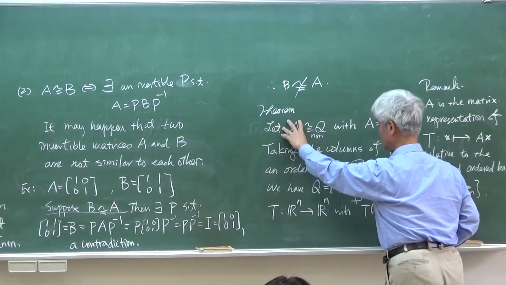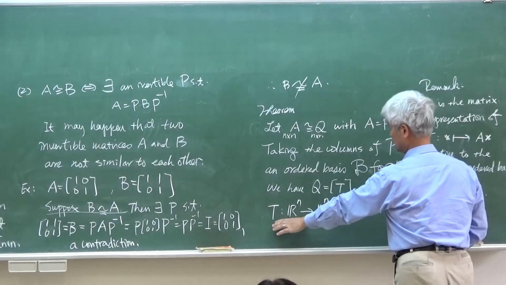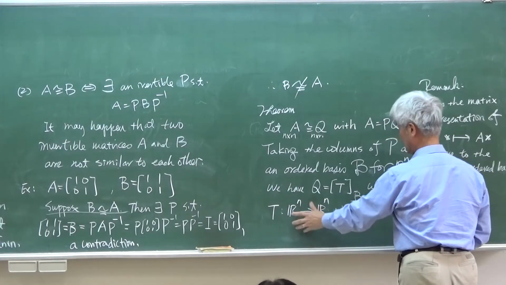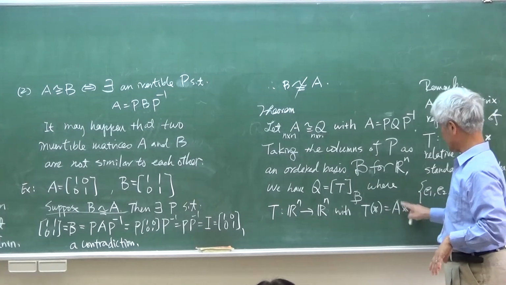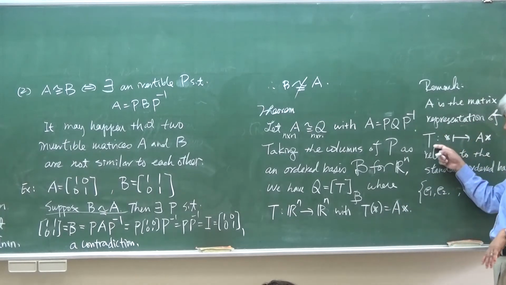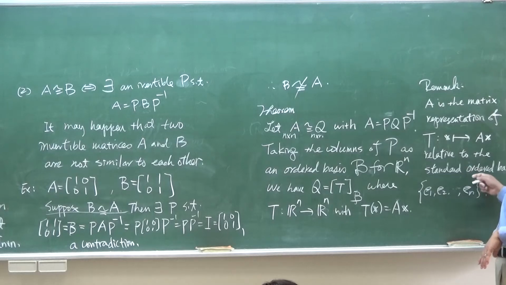We use A to define a linear operator on Rn, and in this case A is the matrix representation of this linear operator relative to the standard ordered basis.